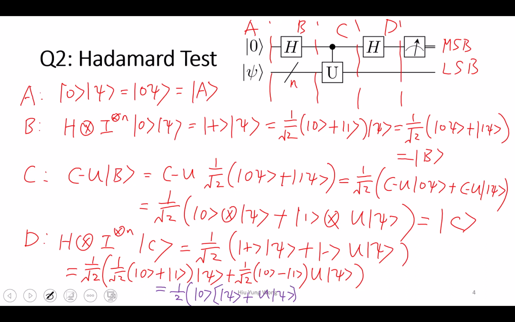Is that okay? And then I continue to collect the terms. I have 1 times psi minus 1 times U psi, right? So this is 1 times (psi minus U psi). Okay, so this is the result of D.